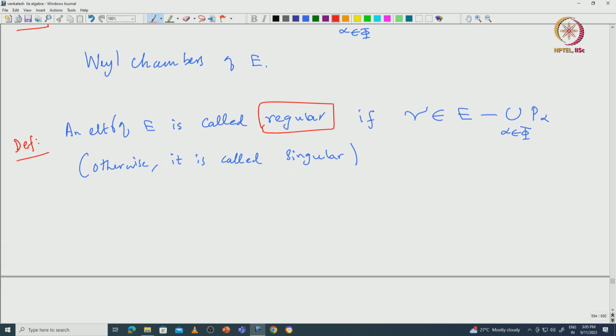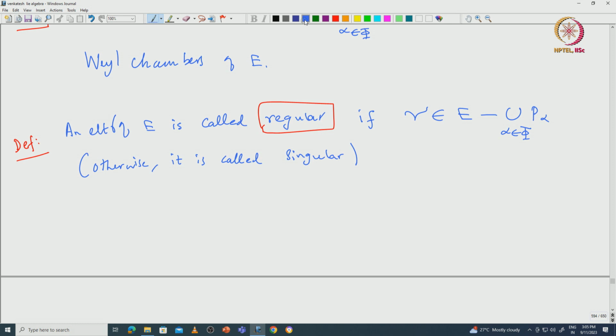If we take a regular element, then it will lie inside some connected component, that means inside one Weil chamber. That actually uniquely picks up that Weil chamber.